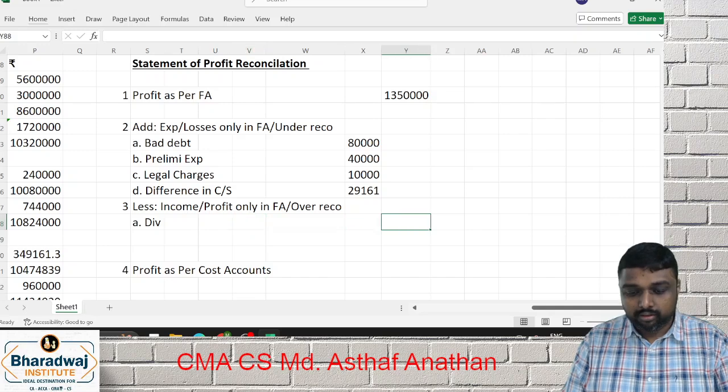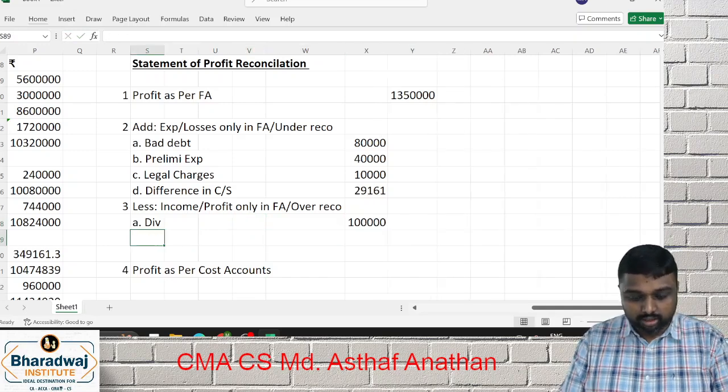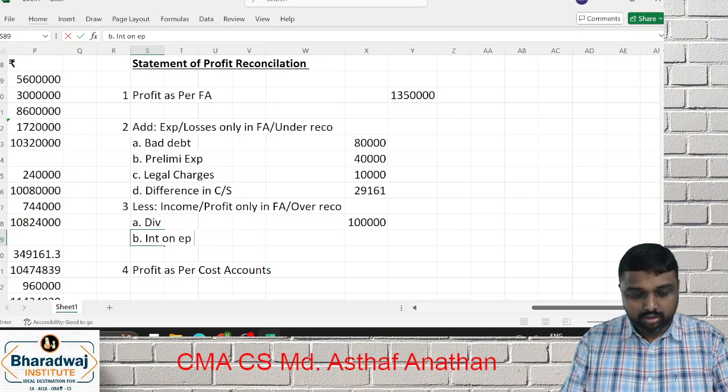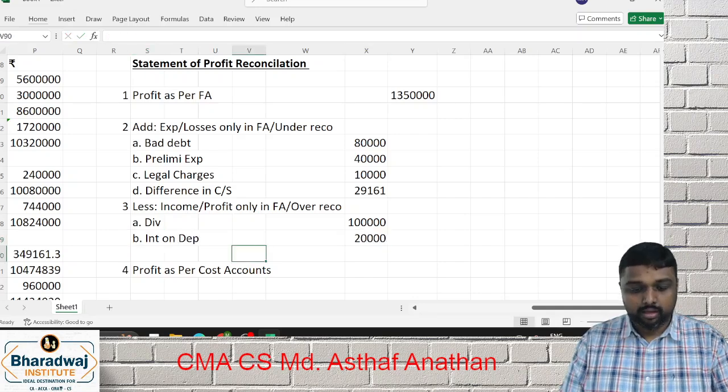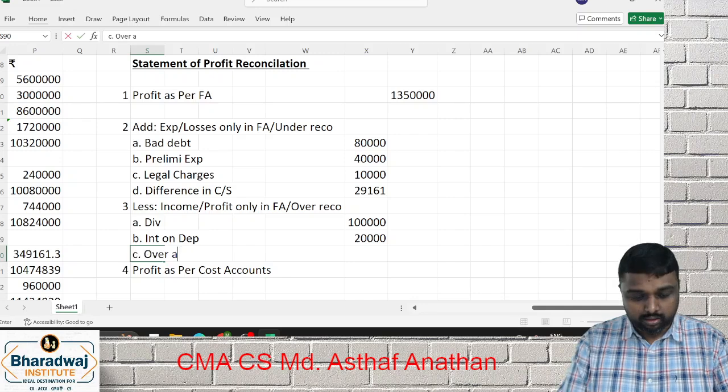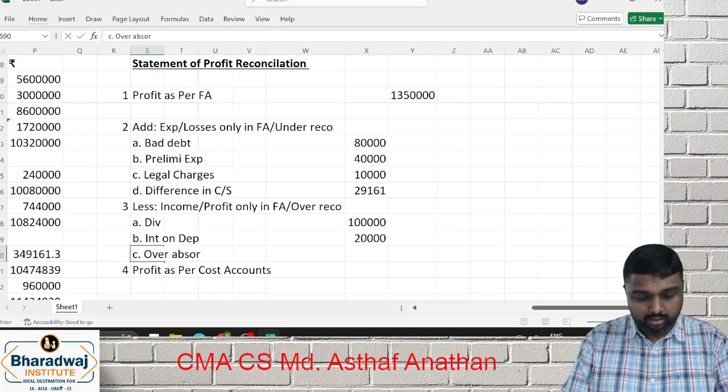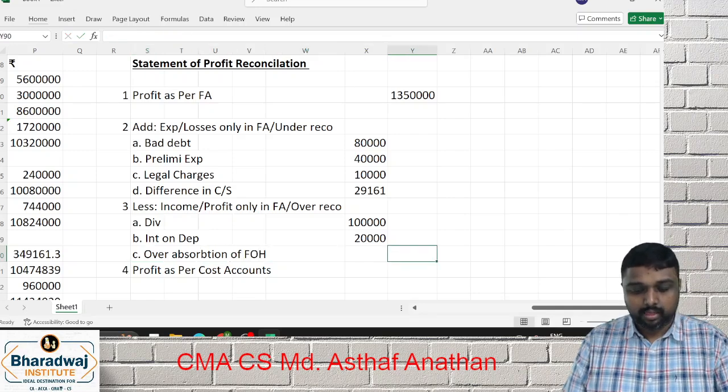What is the amount? 1 lakh. Interest on deposits, 20,000. Next. Over absorption of factory overhead, 1 lakh 20.